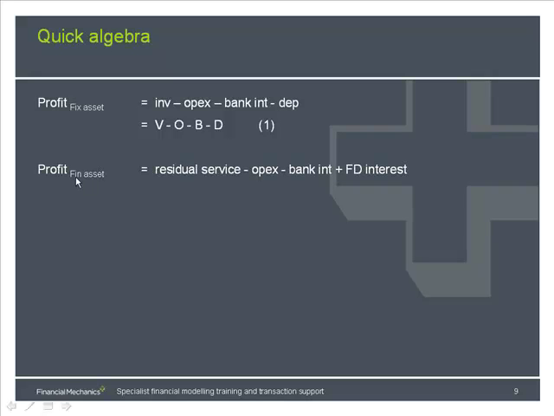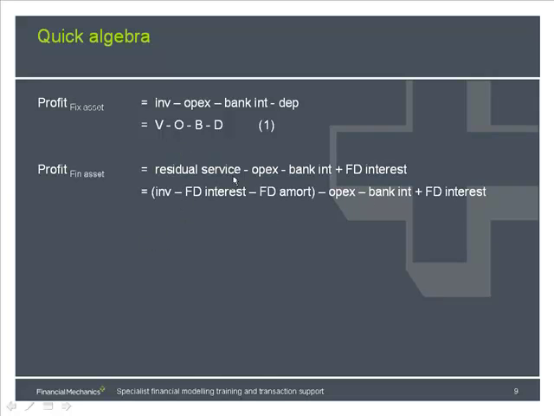If I look at profit on the financial asset, we have that residual service invoice element minus the OPEX minus bank interest. So those two didn't change. Plus interest income on the finance debtors, I'll call that FD interest.